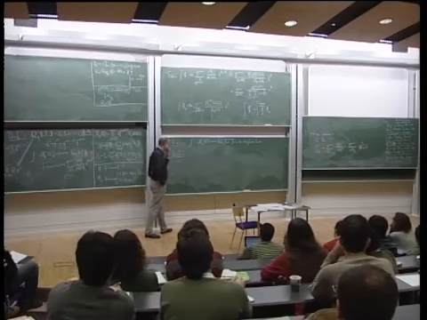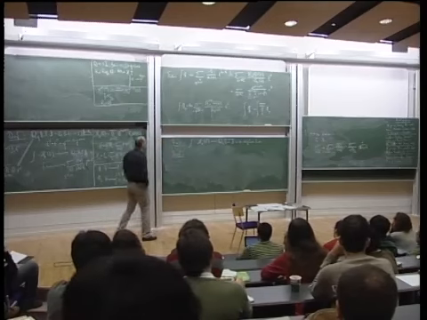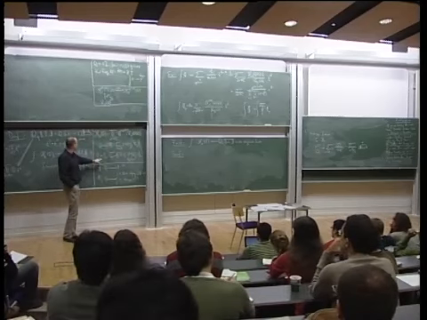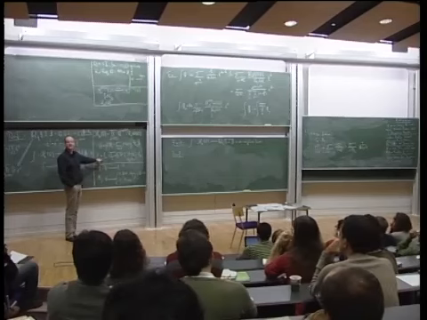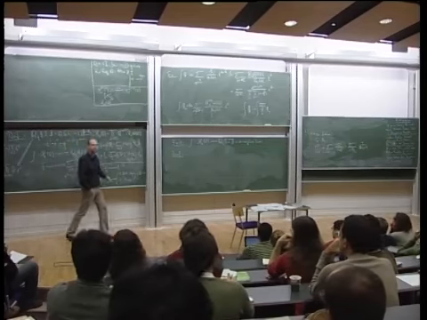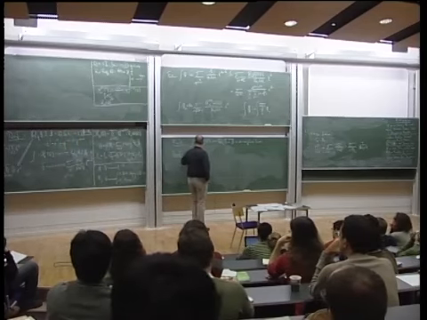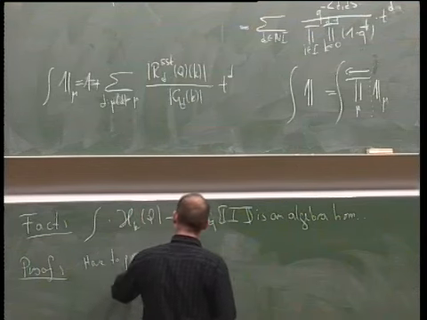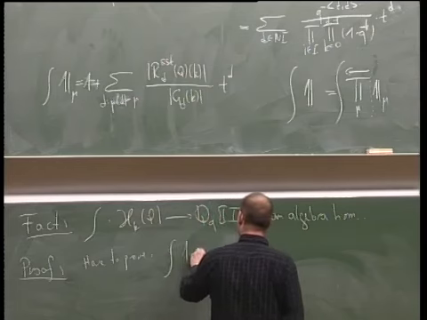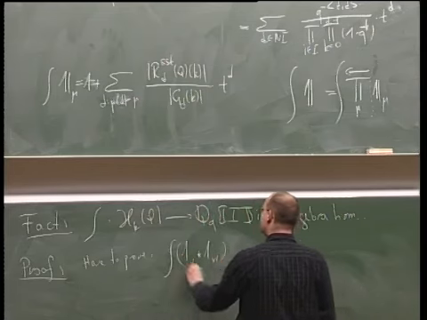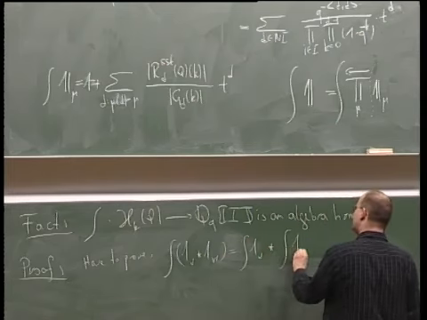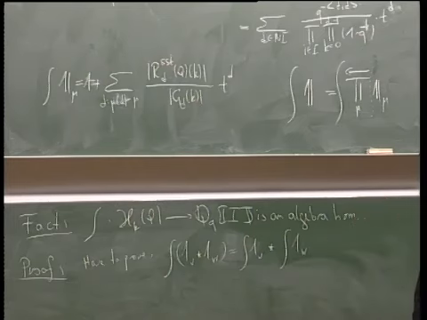Okay, so let's prove this. We prove this by integrating these characteristic functions. So we have to prove that the integral of 1v star 1w equals integral of 1v star the integral of 1w.